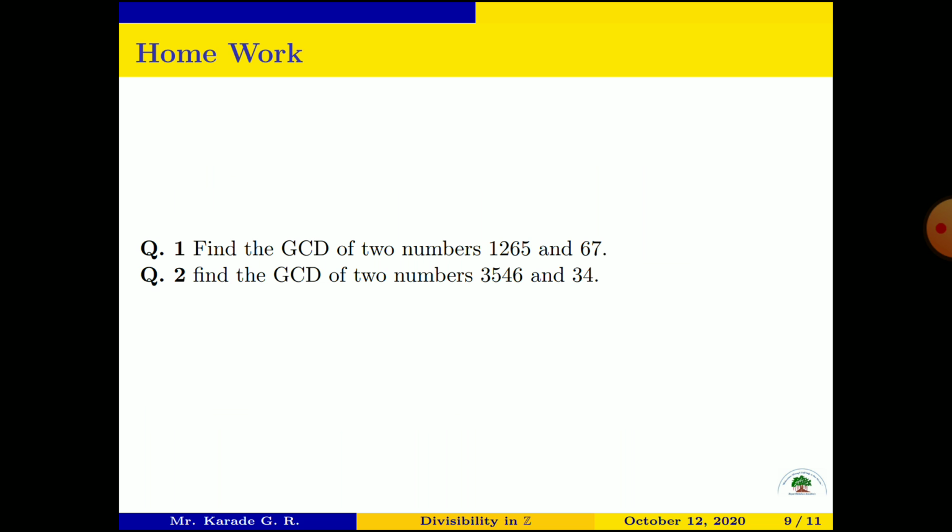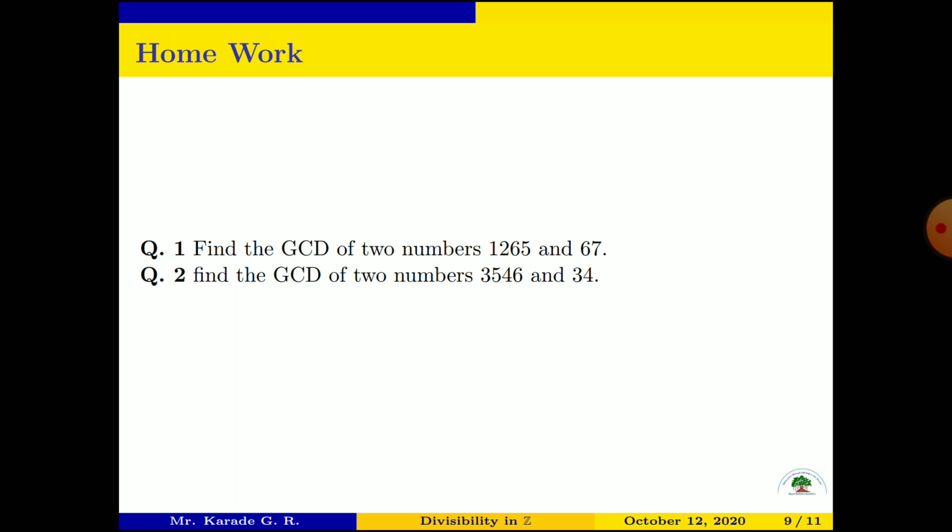So to practice finding the GCD of two numbers, let us take some homework. Find the GCD of two numbers 1265 and 67.